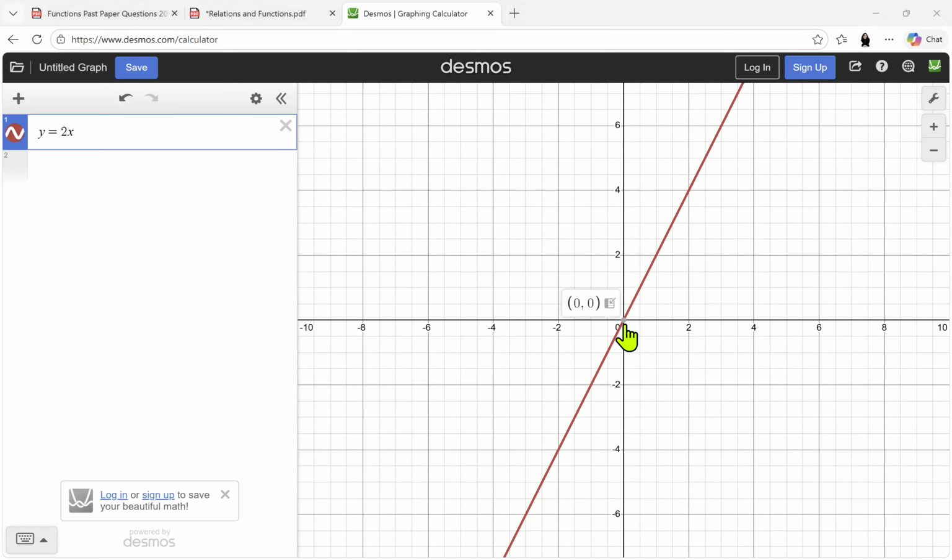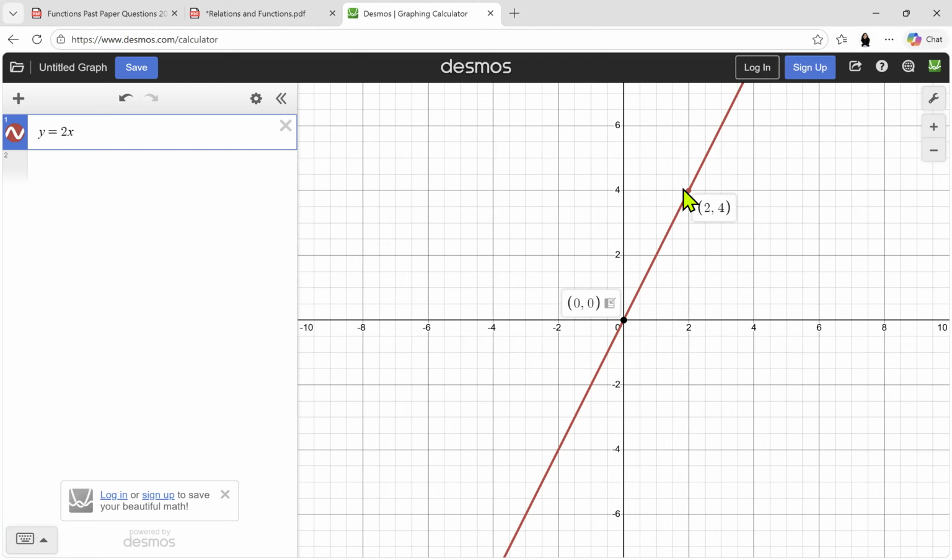On this graph, when x is 1, y is 2. Look, if I put my point over there, that's when x is 1, y is 2. When x is 3, y is 6, right? And when x is 2, y is 4.